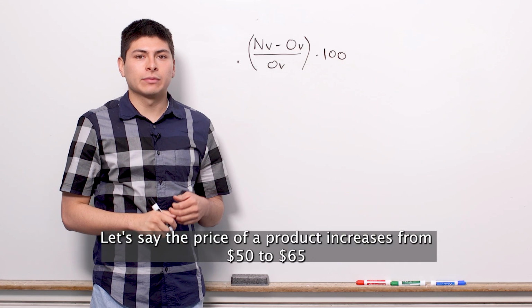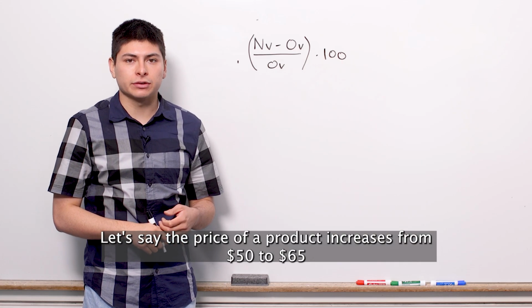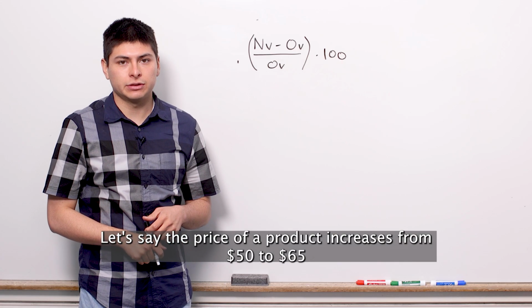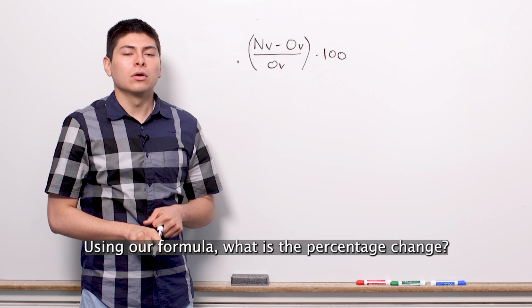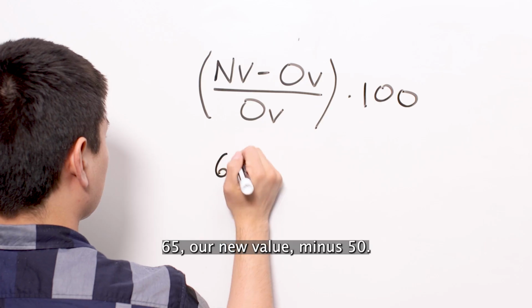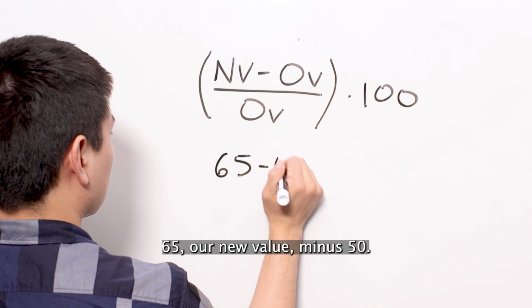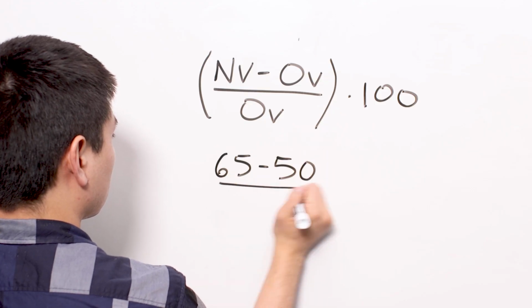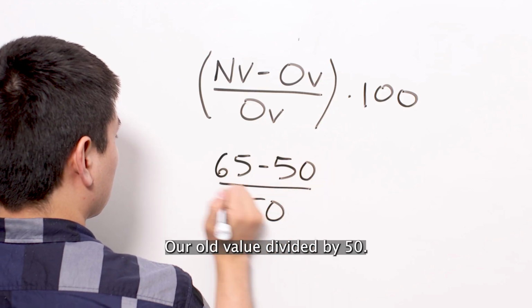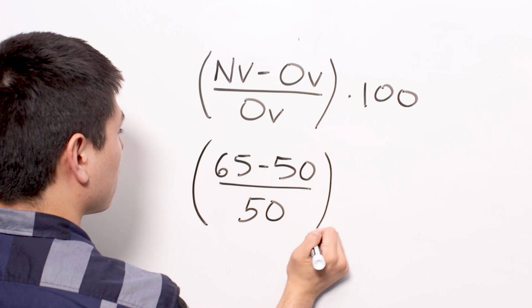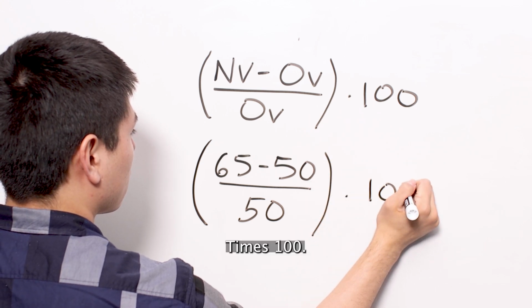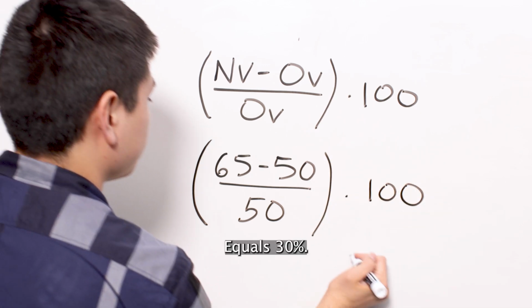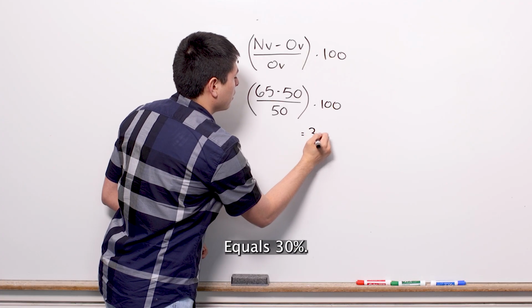Let's say the price of a product increases from $50 to $65. Using our formula, what is the percentage change? 65, our new value, minus 50, our old value, divided by 50 times 100 equals 30%.